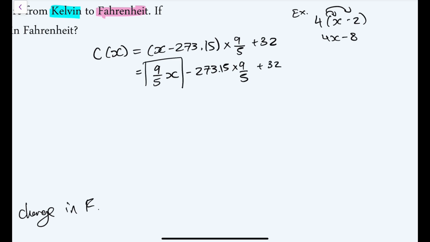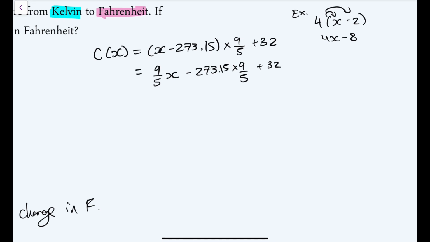So this is what's important, the coefficient. Whenever we convert to Fahrenheit, we're adding or subtracting some number, and also multiplying the Kelvin degrees by 9/5. You get 9/5x minus 459.67, okay?